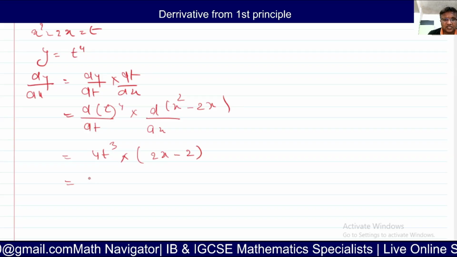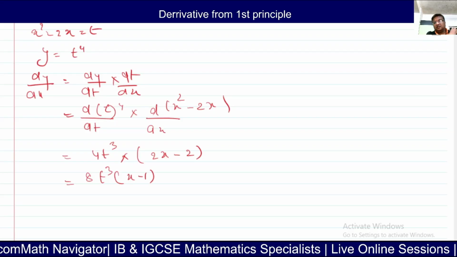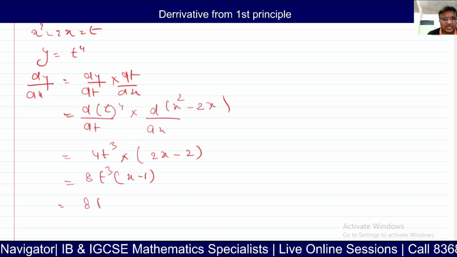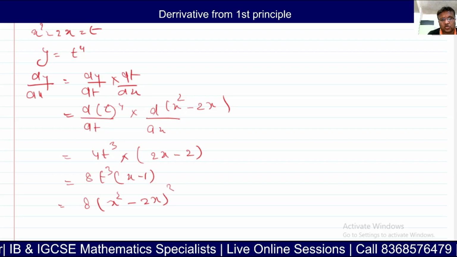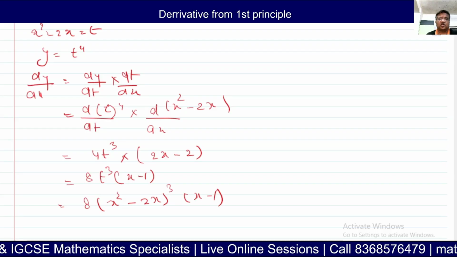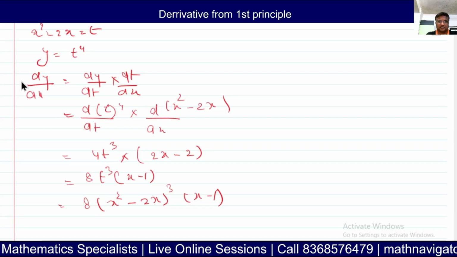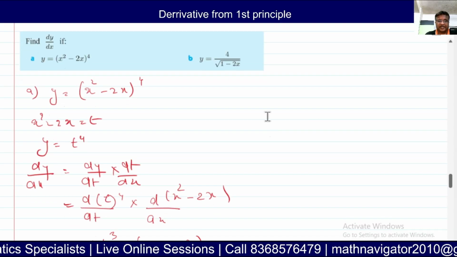This will give me 8t cubed times (x minus 1), right? I've taken 2 common outside. So 8 times (x squared minus 2x) whole cube times (x minus 1). Basically what I did, I substituted the value of t in this equation and I've got this. Perfect. Right? Let's do one more question so that you understand it better.